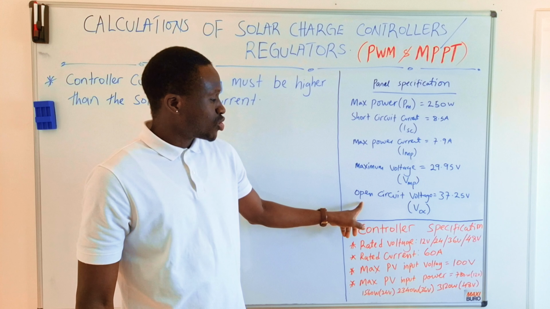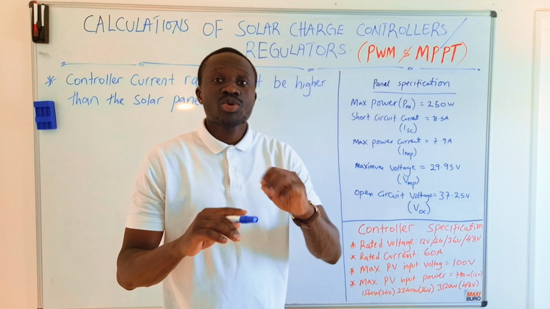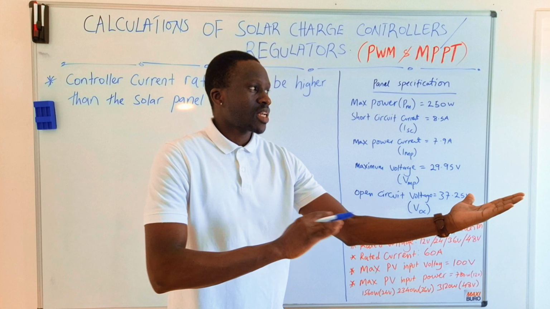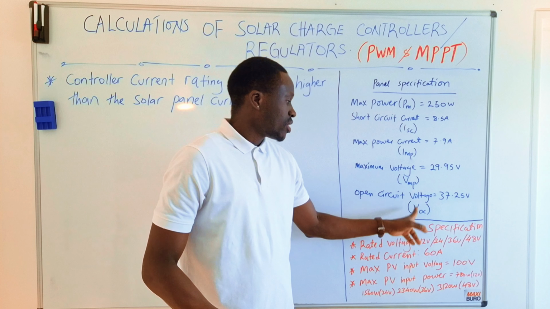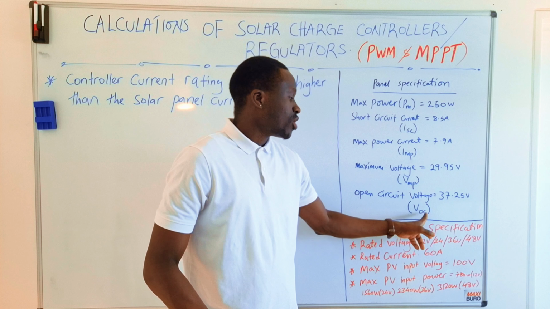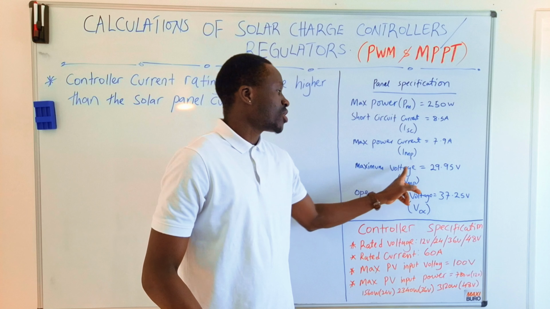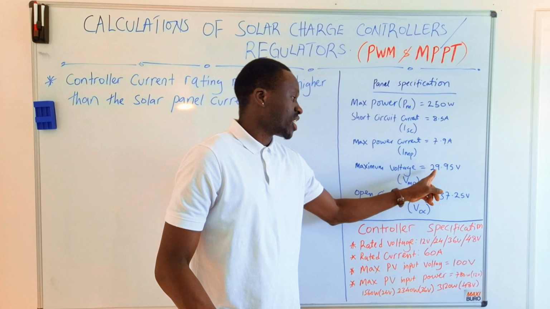Then you will see also an open circuit voltage, when the panel is not connected anywhere and is exposed to the sun. This is the VOC, the open circuit voltage. The maximum voltage, when it is connected to the load, is 29.